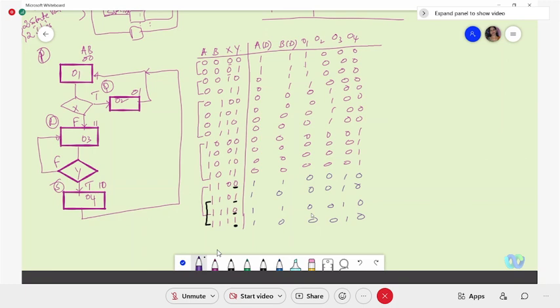So cautiously you check. Only one unconditional output will be there for any combination of your input. Only one unconditional output. If a conditional output is there, maybe that also will get included. But unconditional output only one. However many outputs you define in this rectangle, that many will be defined.